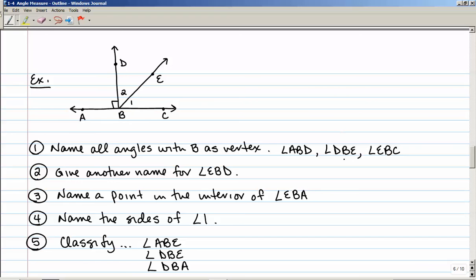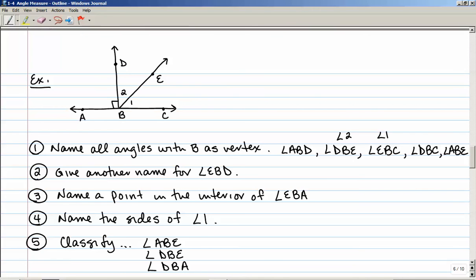And actually angle DBE is the same as angle 2. Angle EBC is the same as angle 1. I also have angle DBC. And I think I have one more, angle ABE. So I believe there are 5 angles in that diagram.